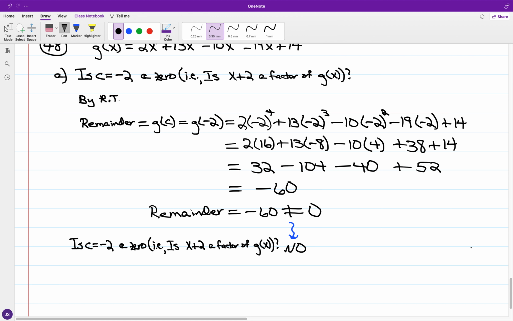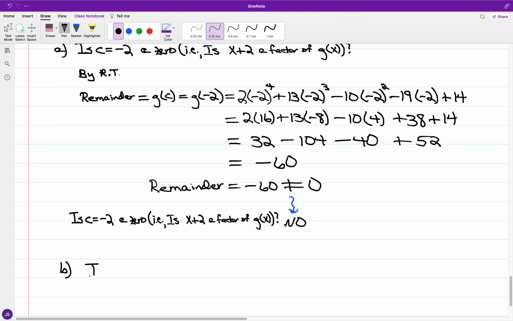Right. Now, for what we have in the case of part B, we're now dealing with whether c equals negative 7 is going to be a 0. Another way of phrasing this is if x plus 7 is going to be a factor.